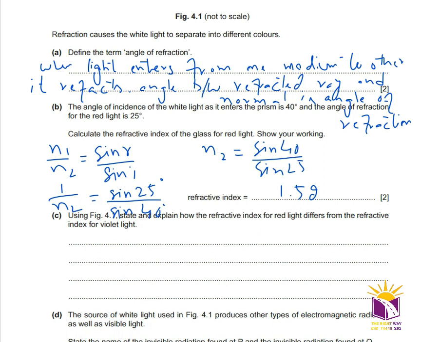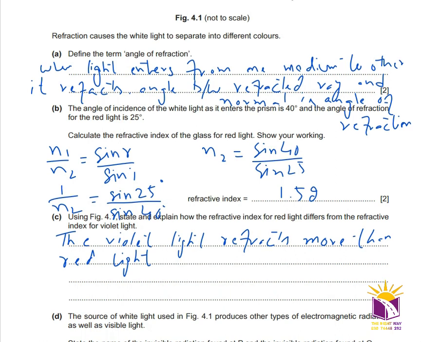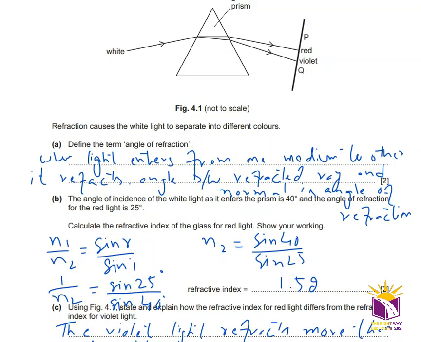From the figure we can see that the violet light refracts more than red light. The red light refracts less and the violet light refracts more.